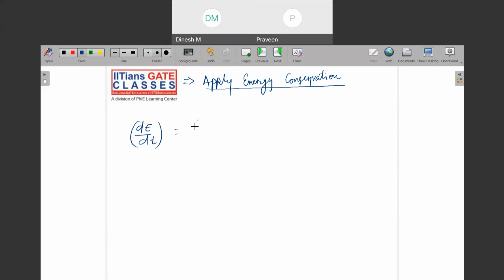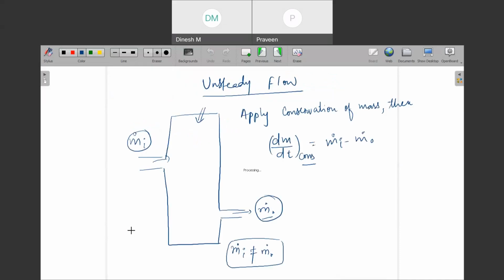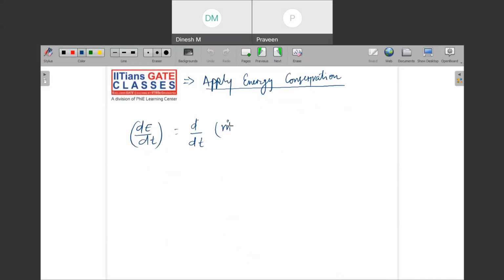So can I write this one as d upon dt of the mass flow rate at entry, the notation we have used is m_i, so mass at the entry into enthalpy at the entry.